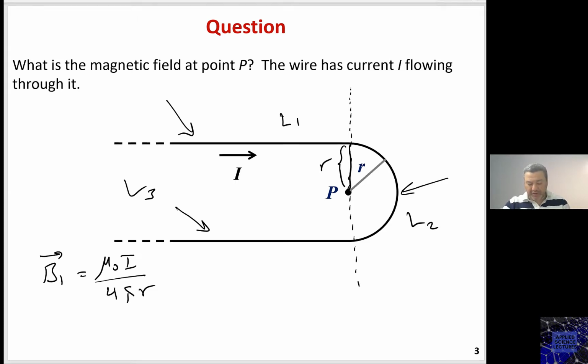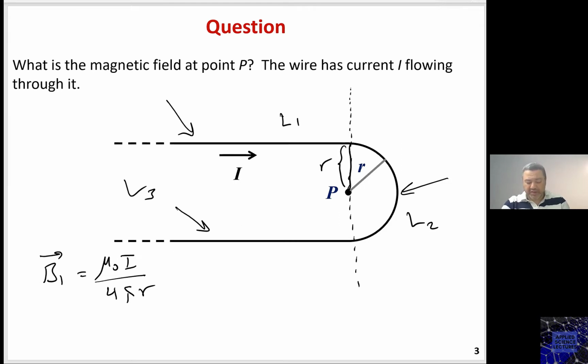And now the unit vector. If the current is going from the left to the right, using the right hand rule where the current is taking the thumb direction, then the magnetic field would be taking the fingers.